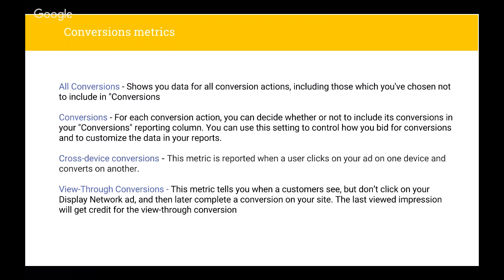But then later in the day, I would explore more options and look into it further on my desktop. So with this cross-device conversions column, we can look into how users convert. Do they use different devices before they actually convert?